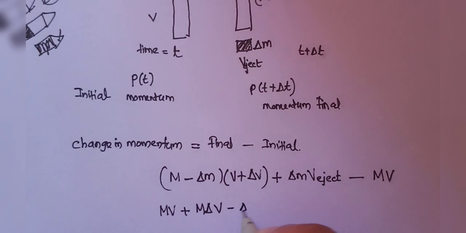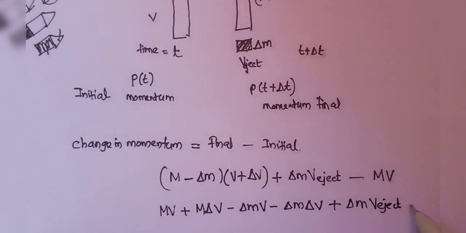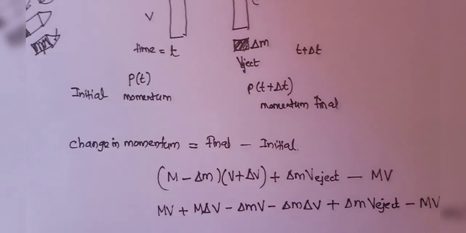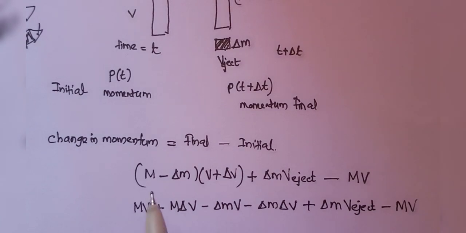Now delta m into v, minus delta m delta v, okay, plus we have delta m into v ejection, minus m times v. Now this is very clear. So we can cross check once again. mv, m delta v, okay, fine, it's good. Minus delta m into v, okay, fine. Minus delta m times delta v, okay, that is also good. Now we have the ejection mass delta m v ejection minus mv.